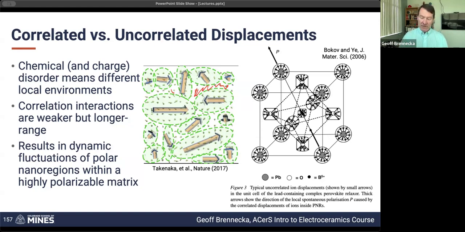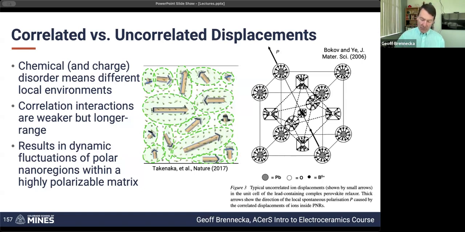And so you apply an electric field, and the sizes of these polar nanoregions are going to fluctuate greatly. So they're going to all grow a little bit under a field and then go away. And that dynamic changing of the size of the polar nanoregions happens at a much, much lower field in these relaxer ferroelectrics than in poling a normal ferroelectric.